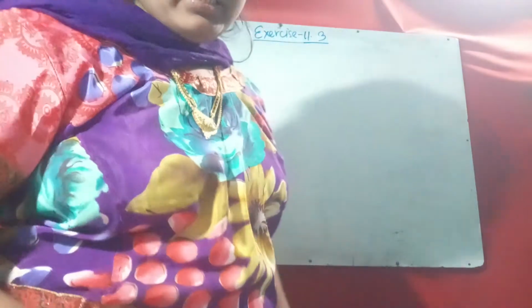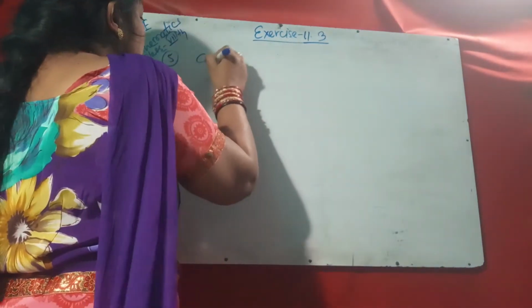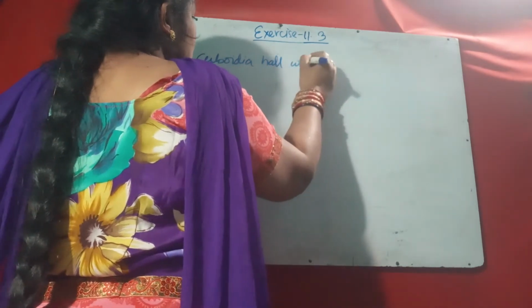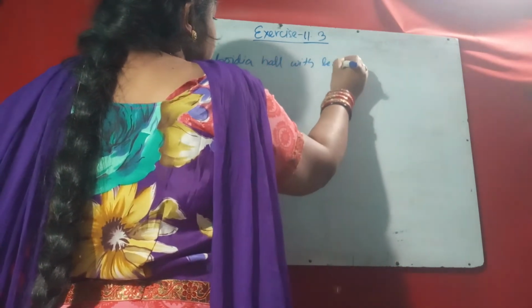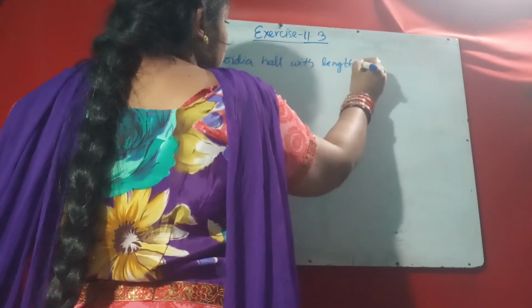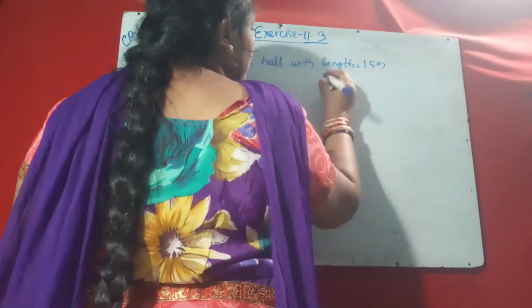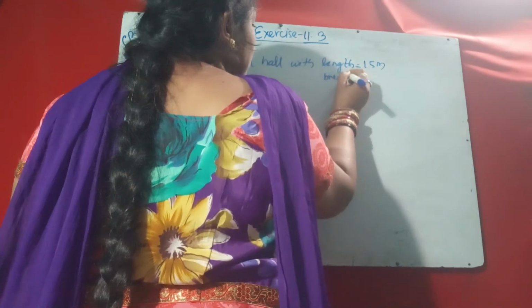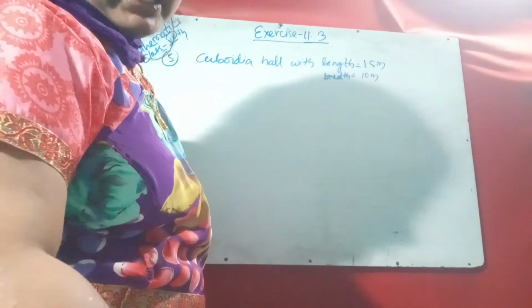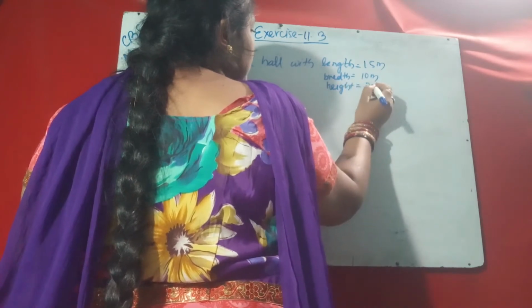All the 4 side walls and the roof are painted except the floor. So here given the cuboidal hall with length 15 meter, breadth 10 meter and height equal to 7 meter.